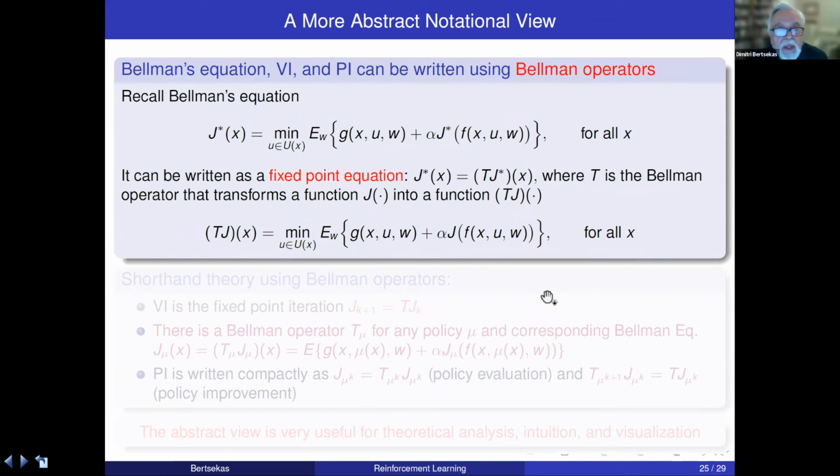Okay, so now let me give you an idea about an abstract view of dynamic programming that is going to play some role in our context, particularly starting in the next couple of lectures.